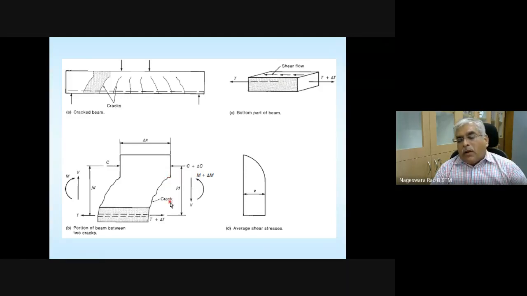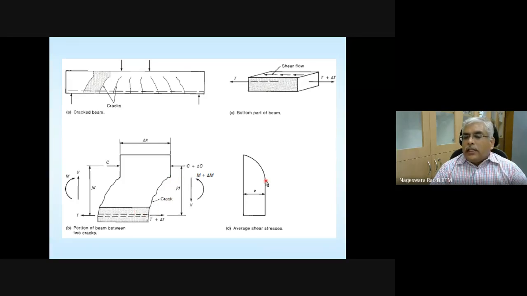The purpose of this concrete below the neutral axis, which is cracked, is whatever shear stress is there at the level of the neutral axis, it's going to take that shear and then transfer it to the reinforcement.